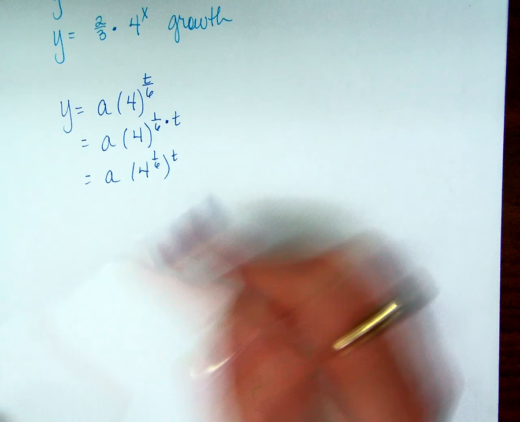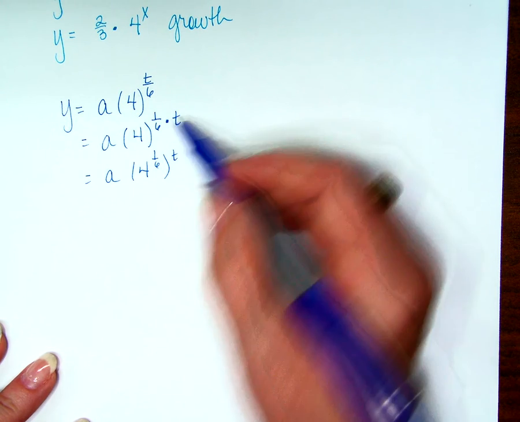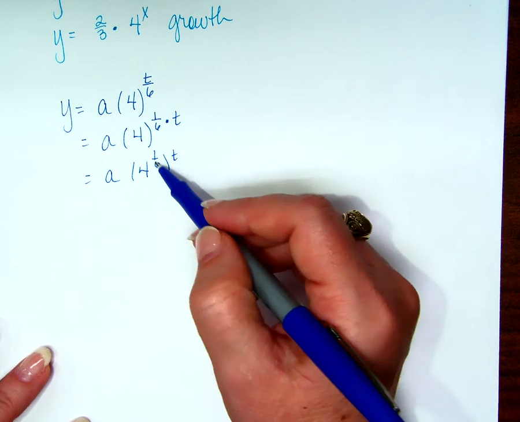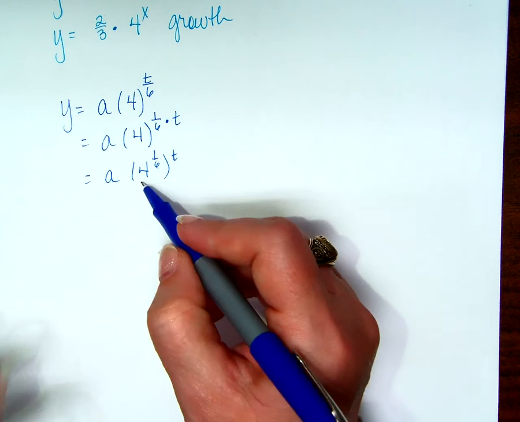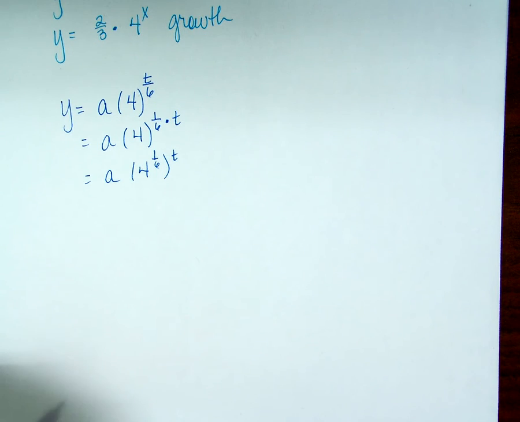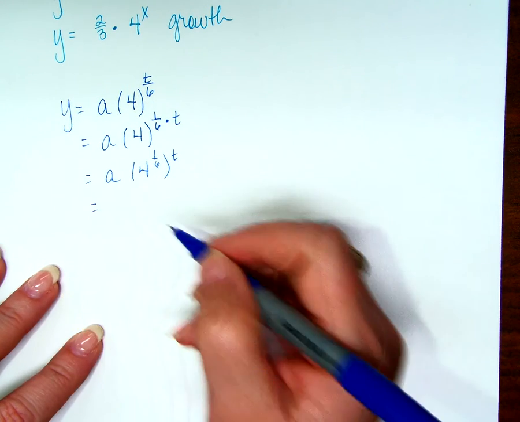Okay. Now, am I allowed to do this? I am, right? This is just basically a power to a power, isn't it? Okay, so I can bring that inside like that. Well, is 4 to the 1/6 something I know off the top of my head? No, but I can use the calculator to figure it out.